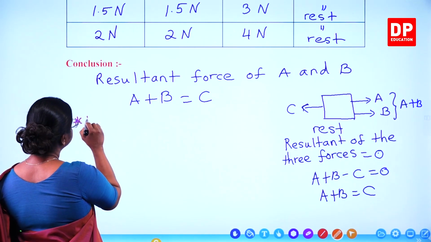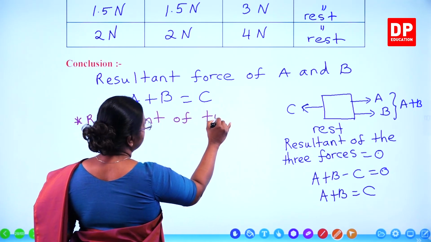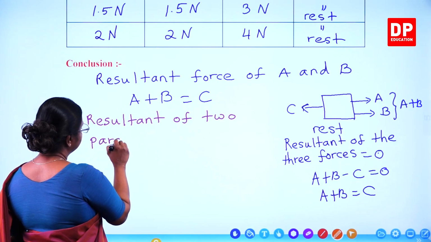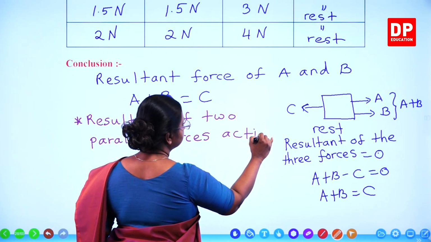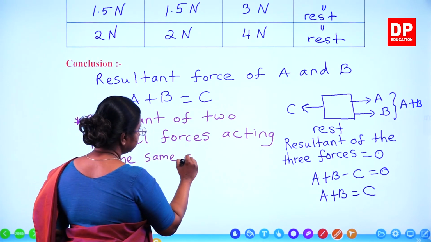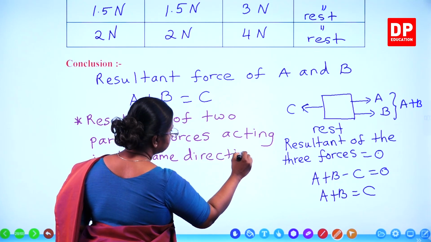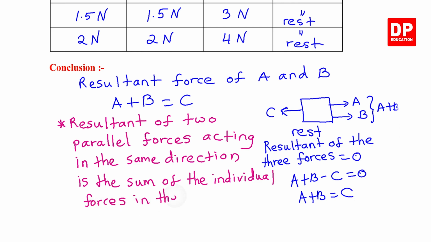So we can say: the resultant of two parallel forces acting in the same direction is the sum of the individual forces in the same direction.